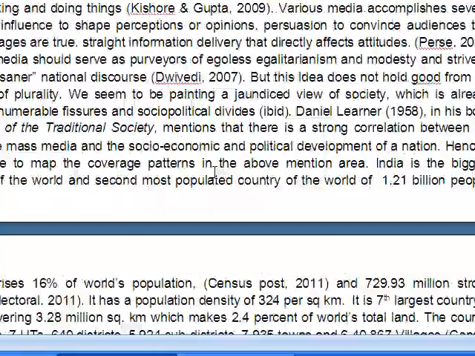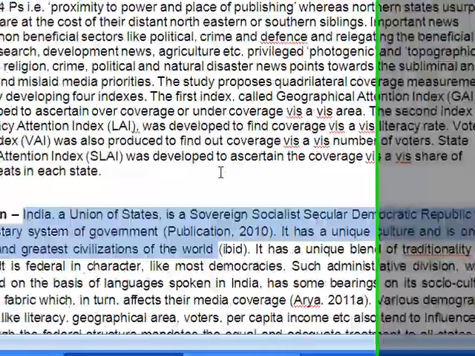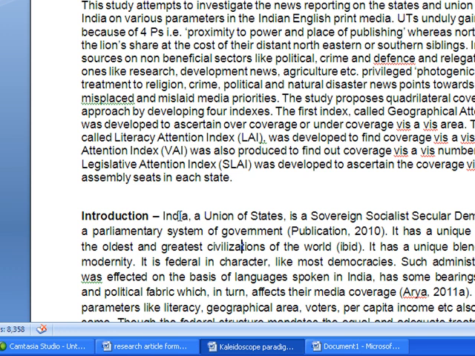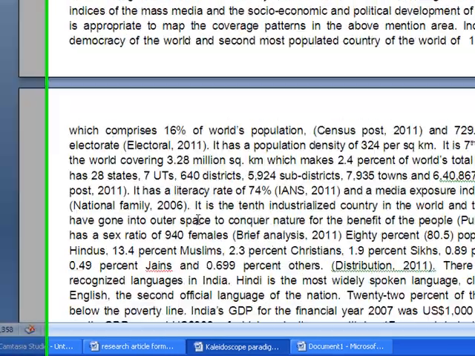This is the introduction. It should not be more than 500 words or 550 words at best. The funnel approach should be followed in writing the introduction part.